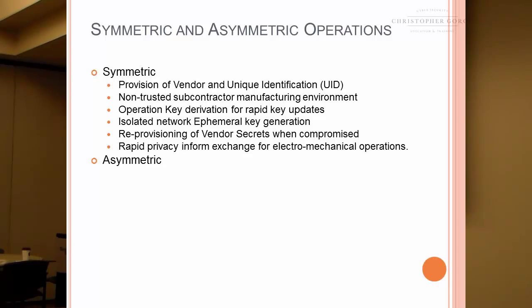And reprovisioning of vendor circuits or secrets, and rapid exchanges. So if you need to operate a breaker out on a circuit, you don't want to use asymmetric cryptography to do it because it has that unknown time. So that's when your symmetric keys will be used.